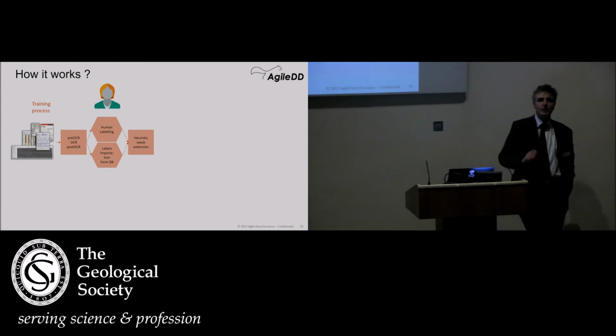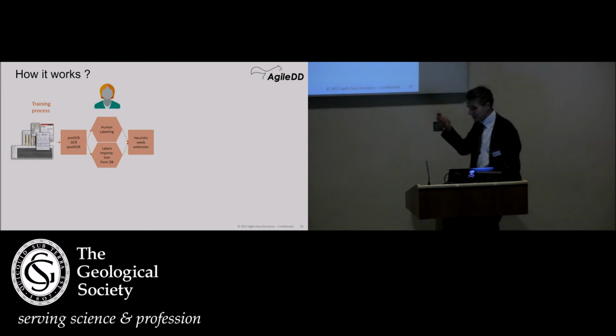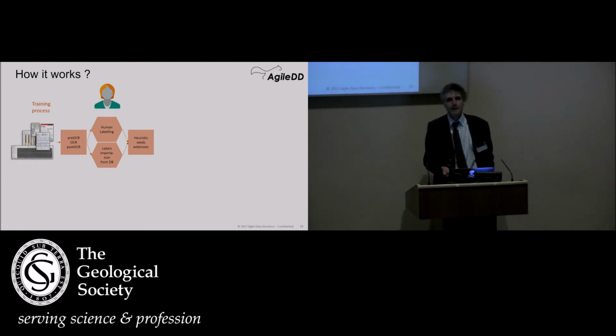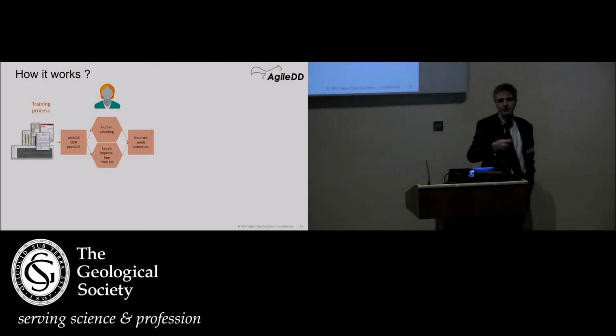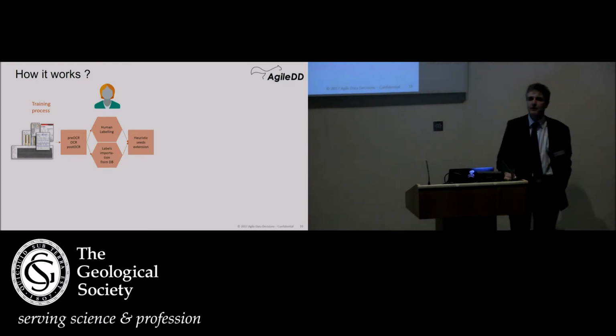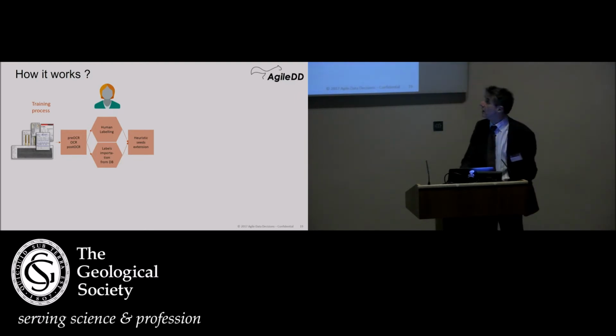Imagine you train on a document that the TD is 3,200 meters. Okay, so you will highlight this value on one, maybe two documents. But if there are several documents associated to your well, it's possible that the value 3,200 will be found. And so we do that for you, in order to save your time training the algorithm.